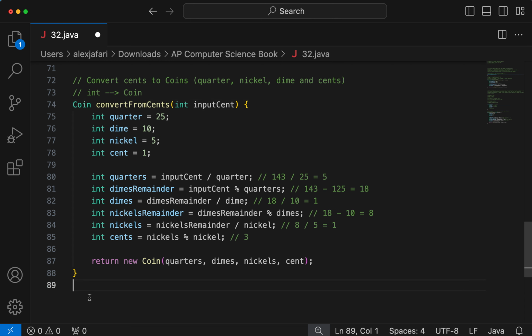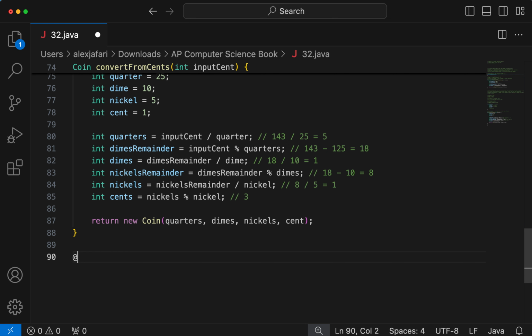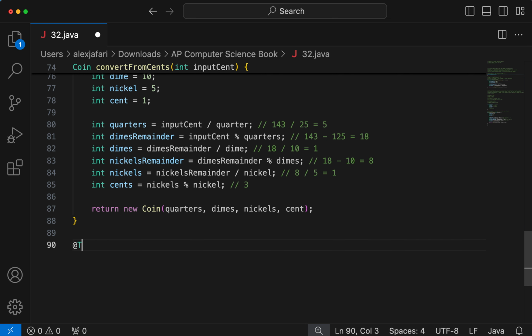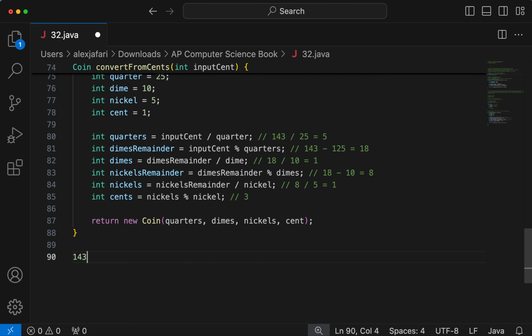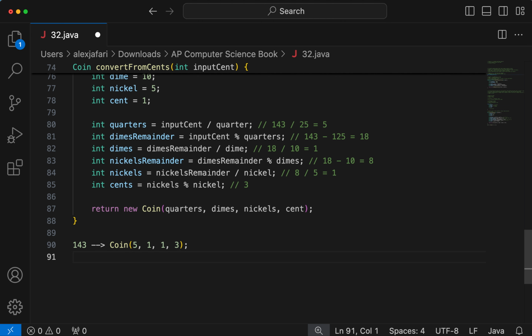But the test should be, for example, 143 should return a coin of 5 quarters, 1 dime, 1 nickel and 3 cents, right? Exactly, yes. Excellent.